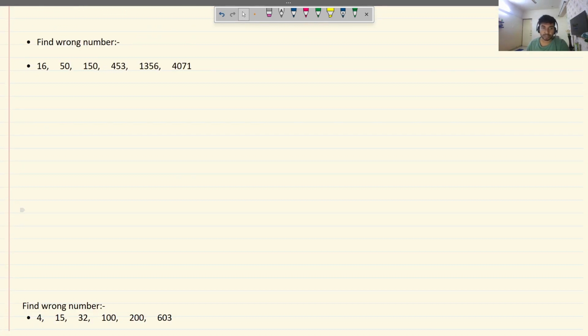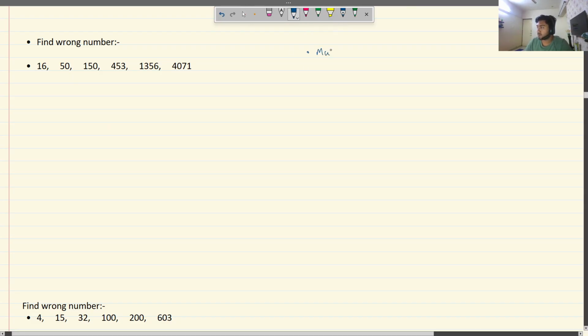Let's do the next question. Find the wrong number in the given number series. So obviously it starts with 16 and goes till 4000. There must be some multiplications, cubes or squares, right?